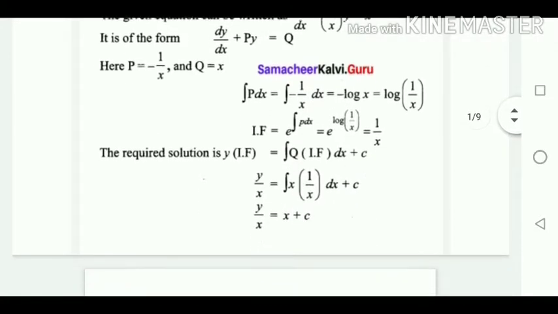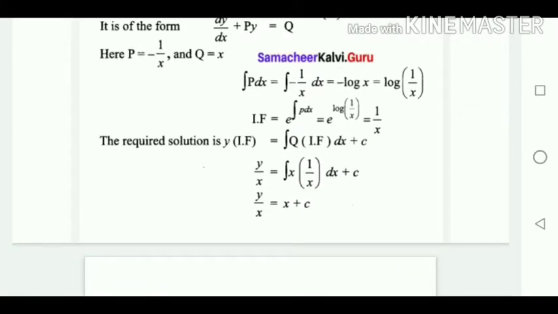Therefore integration of P dx equal to integration of minus 1 by x dx. If you integrate 1 by x you get log x, so this is minus log x, which we write as log 1 by x.